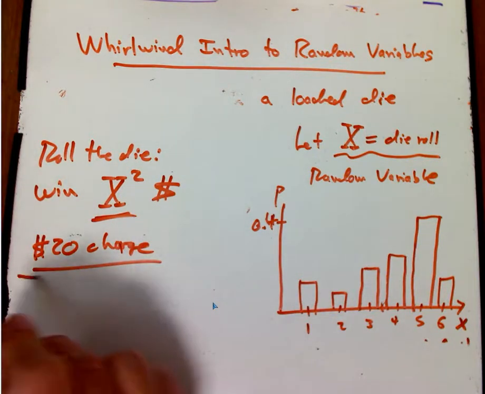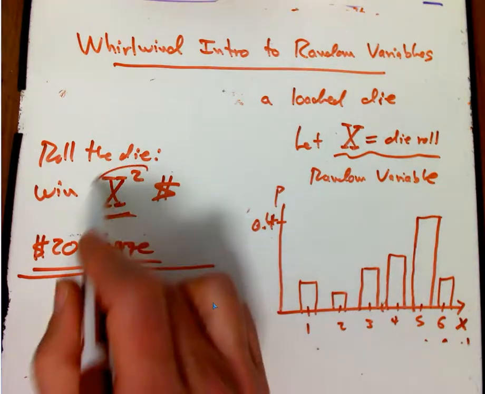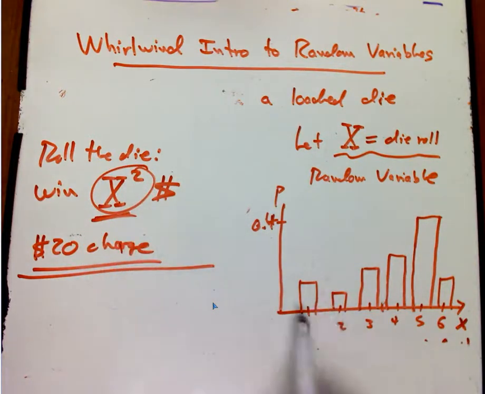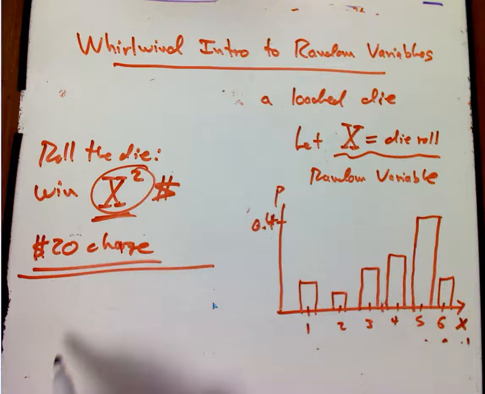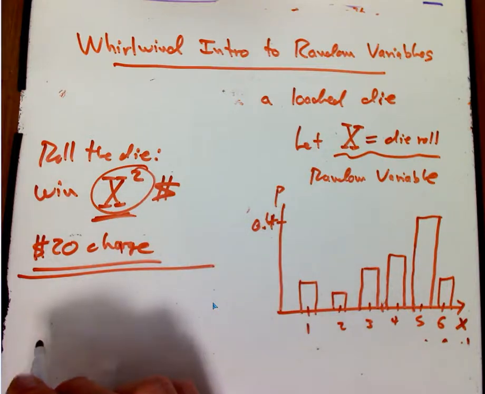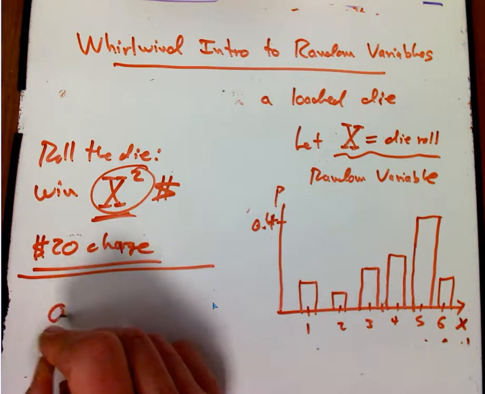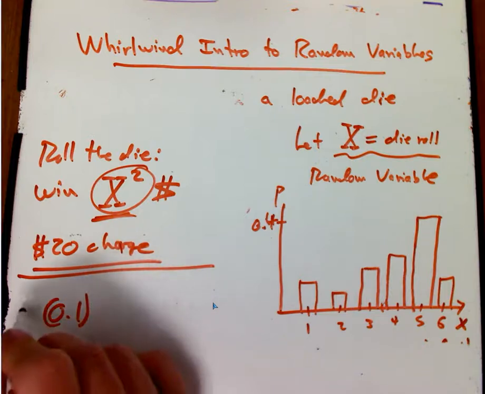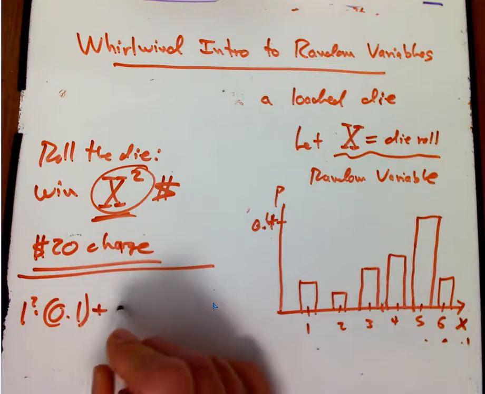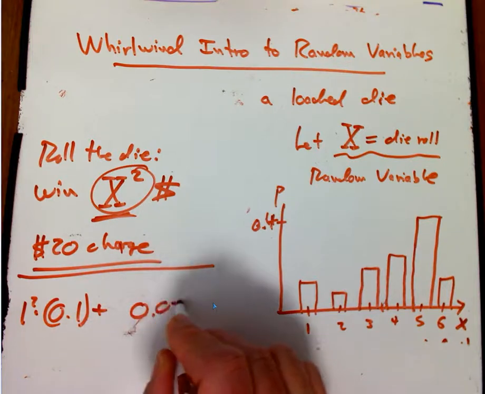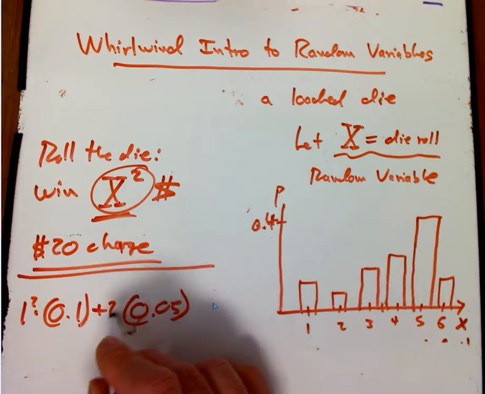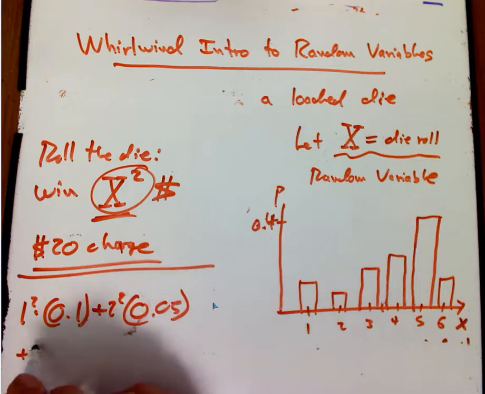Okay, so once again, we're going to take this quantity. It's based on the random variable we're seeing here, but you put that into some sort of function, here just squaring, and we can take the same kind of expected value. 1/10 of the time, you are going to win $1². 1/20th of the time, you are going to win $2².